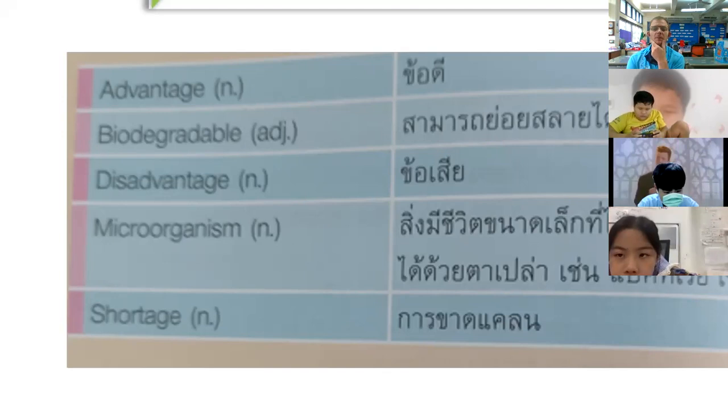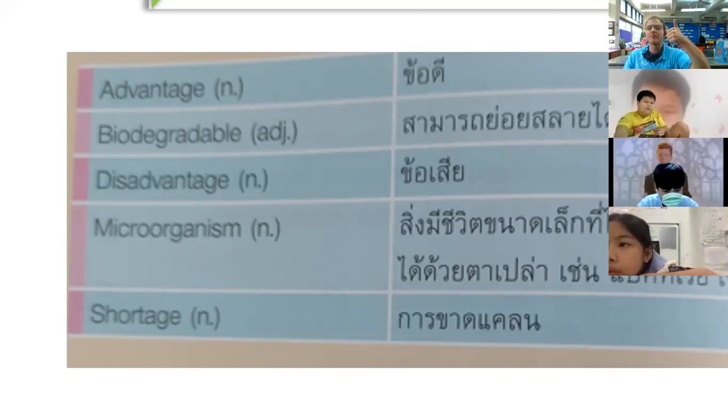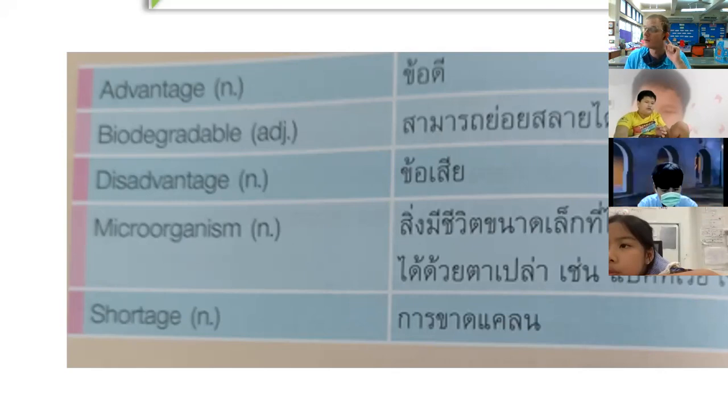Do you guys remember in science when we did the food chain? They decompose the leftover of food and animals. Wow, that is an amazing answer. Thank you very much, Tantan.